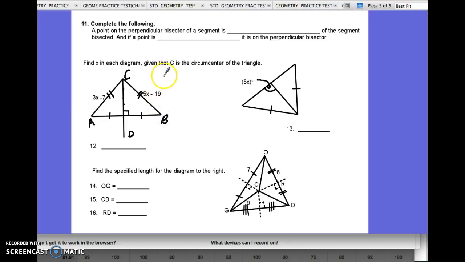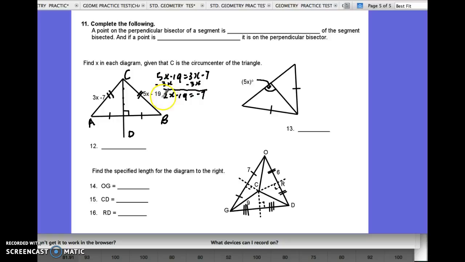Therefore, the setup for this would be 5x minus 19 equals 3x minus 7. That's the setup. Right? And now for this kind of thing, we want x's to one side and numbers to the other side, so we subtract 3x from both sides. That gives us 2x minus 19 equals negative 7.